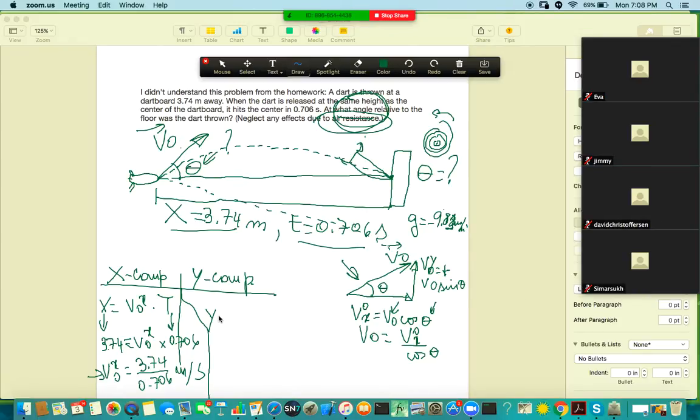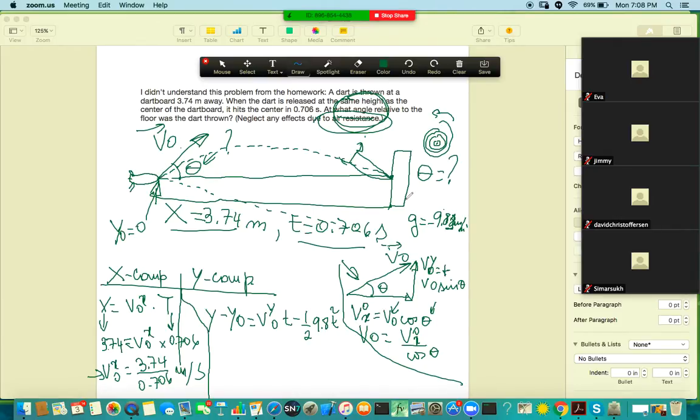Okay, better. So y minus y naught is equal v naught in y t minus half g, which is 9.8, t squared, right? Now, look at this. What is your initial position in y? Is here. So your y naught is 0. It's at level.